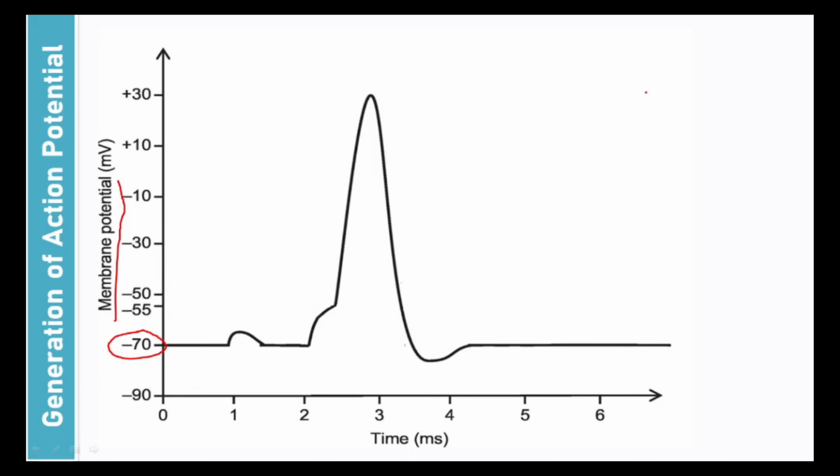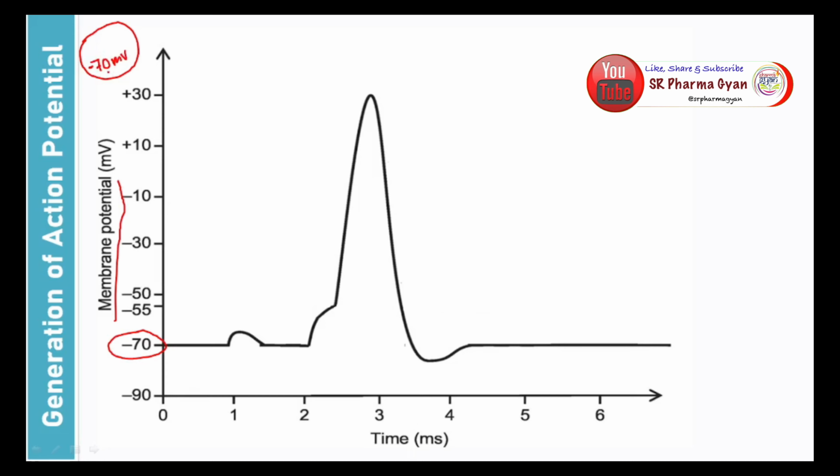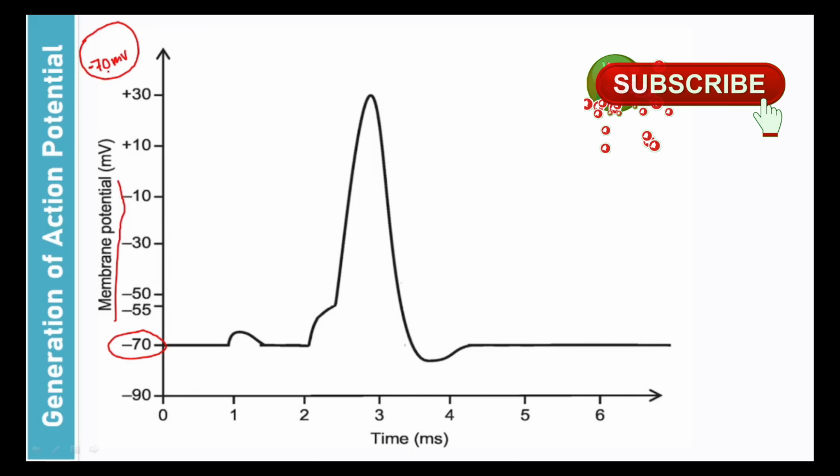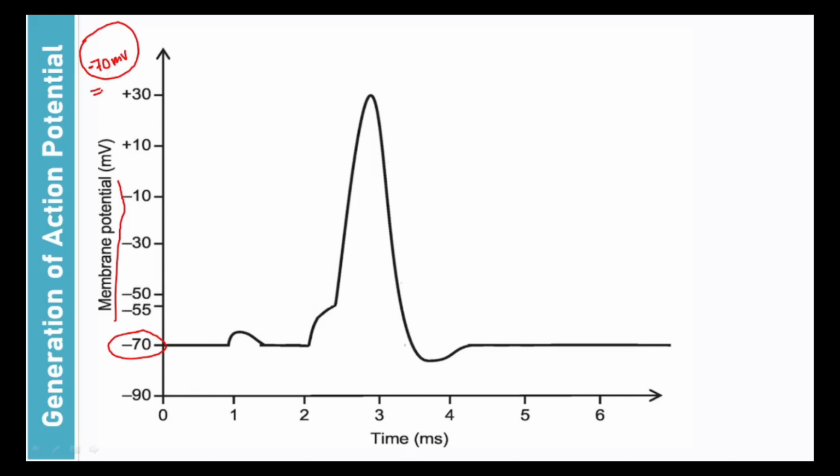That means if we consider this as a cell, the charge inside will be minus 70 millivolt, that is 70 millivolt less compared to the extracellular side. So in the cytosol, the membrane potential is 70 millivolt less. We know that minus 70 millivolt is the resting membrane potential.